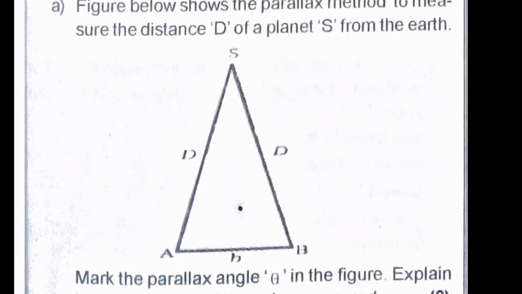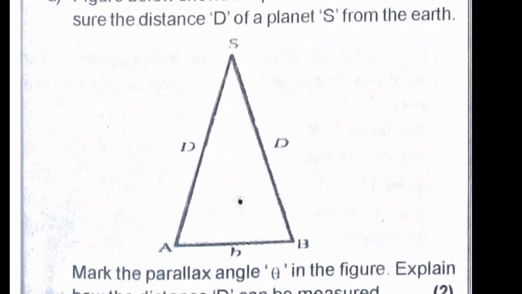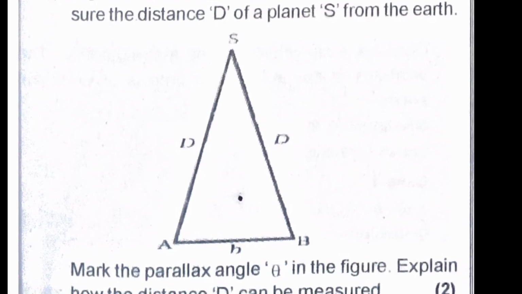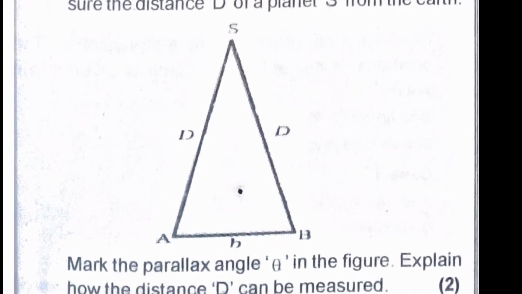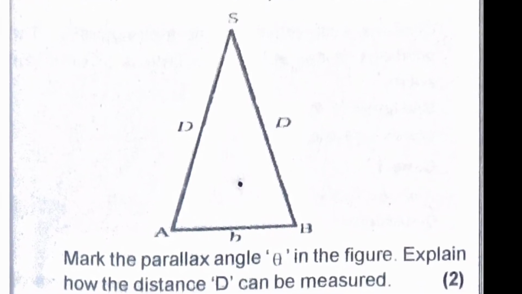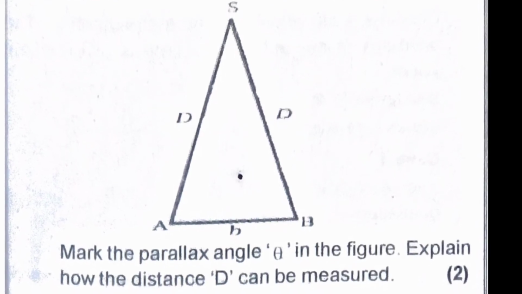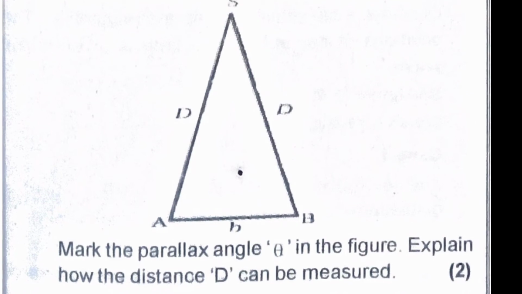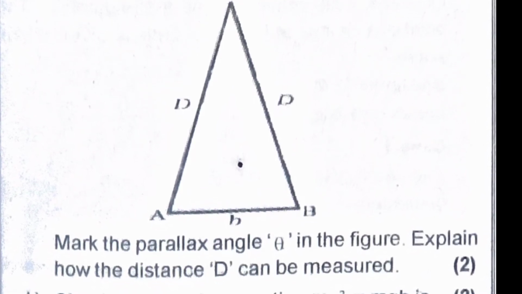Here we can see the parallax angle we have to find, and the distance between 2 points on Earth, that is the baseline, marked as B, and we can see the distance D, that is between Earth and the planet. Mark the parallax angle theta in the figure and explain how the distance D can be measured.